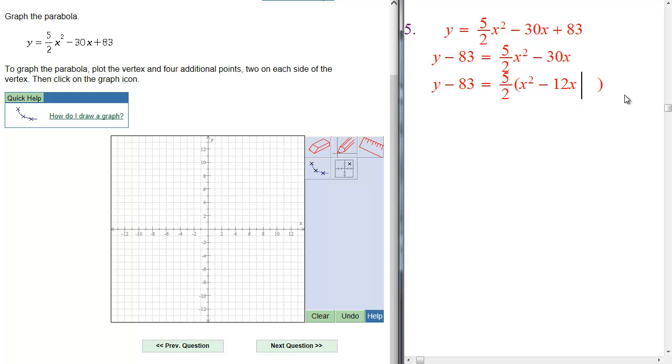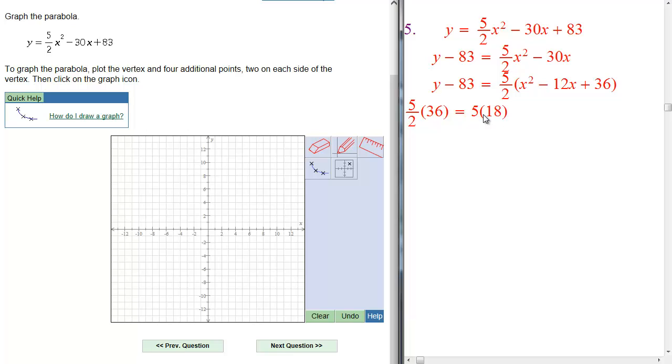So what should we add here? -12 halves, which is -6 squared, right? That is what we're going to have to add here. So -6 squared is 36, and we're really adding 5 halves times 36. So just quickly take a look. 5 halves times 36. 2 goes into 36 how many times? 18.